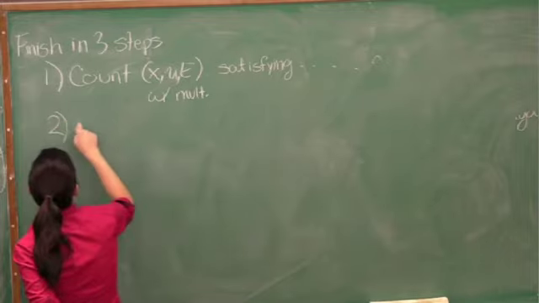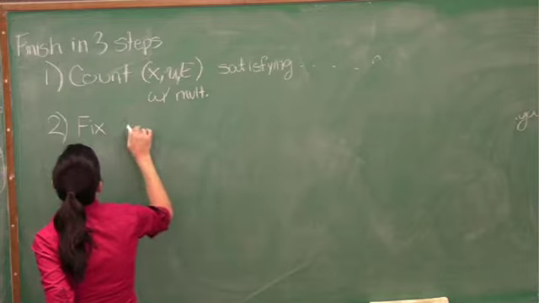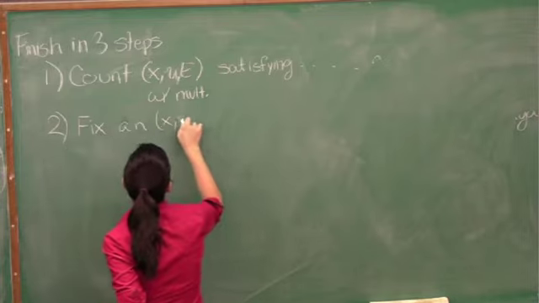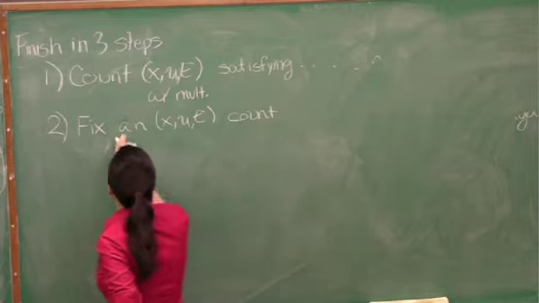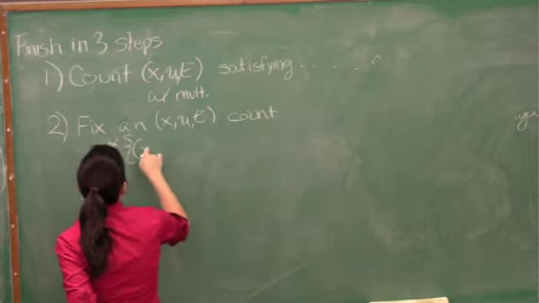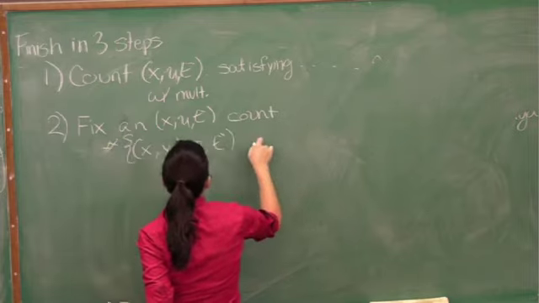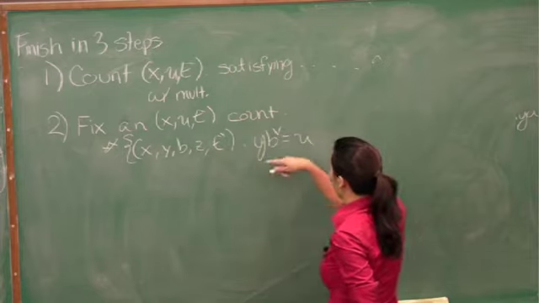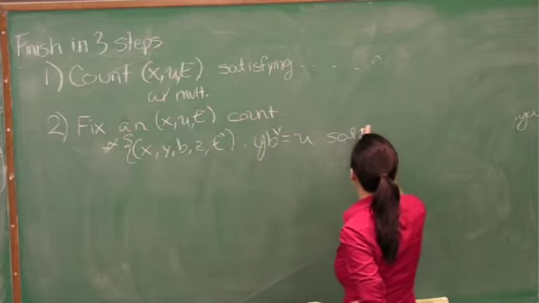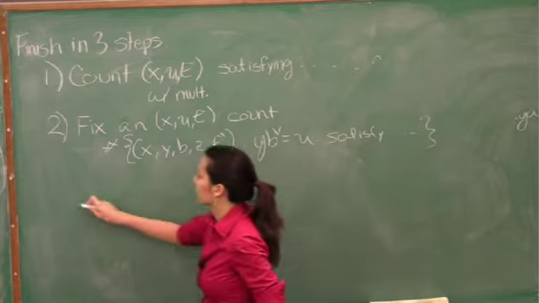And then 2 is we count the size of the fiber. So fix an x, u, and then count the number of x, y, b, z, e prime, such that y b dual equals u, and they all lie in the correct space, and all of those other properties still hold.